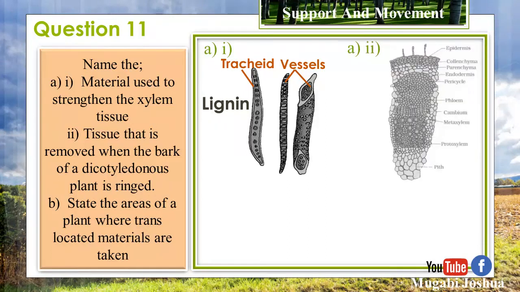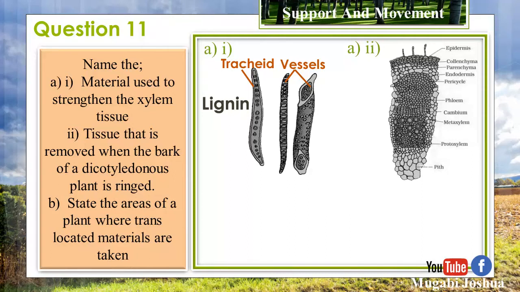Then we go to Part A, Part 2. It asks us to name the tissue that is removed when the bark of a dicotyledonous plant is ringed.